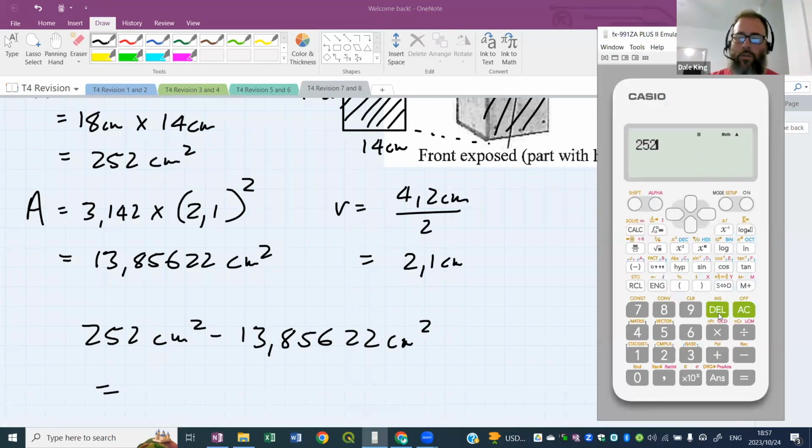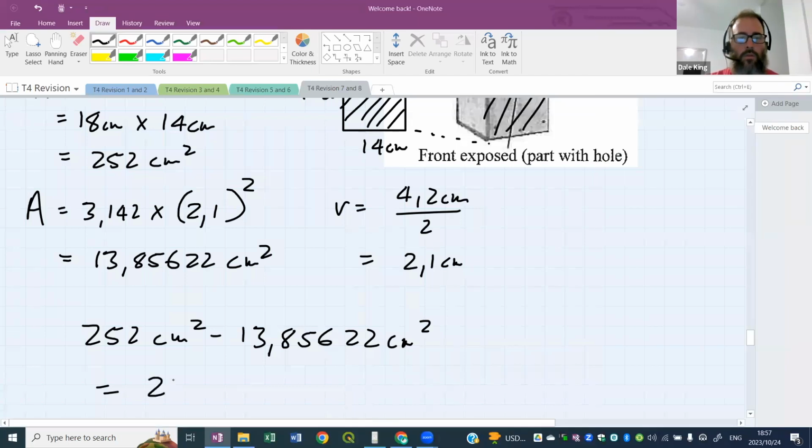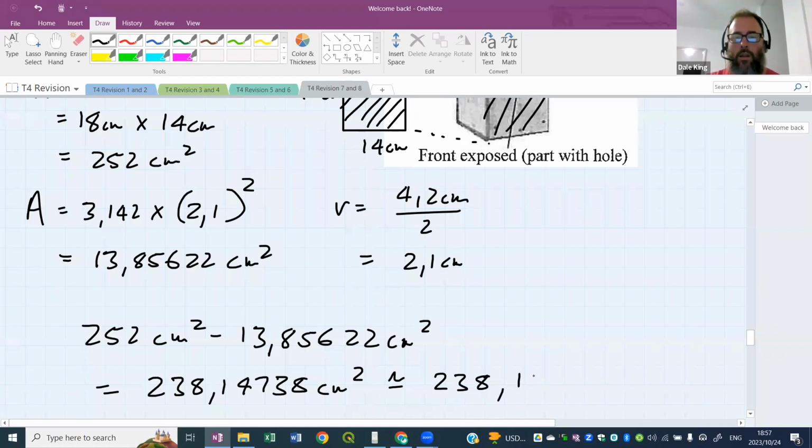So 252 minus 13,85622 is 238,14378. 238,14378 centimeters squared. Rounded off is 238,15 centimeters squared. Well done.